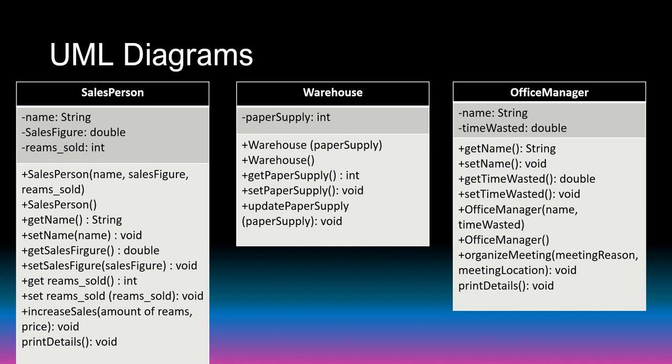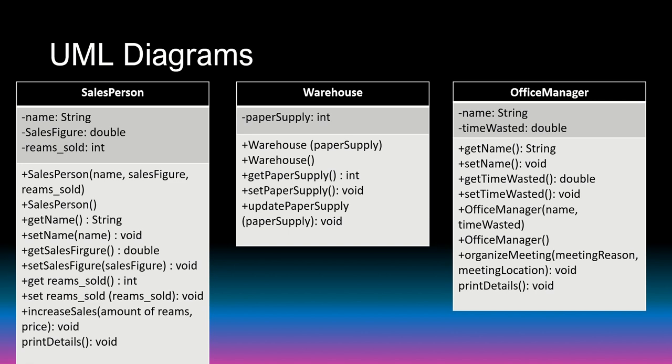And the office manager is going to have the get name and set name methods, our get time and set time methods, our constructors, and then our custom method for our office manager is that the office manager will organize a meeting provided the reason and location are given. And then lastly, we have another print details method for our office manager. That print details method is just going to let us know the manager's name and how much time they have wasted so far.